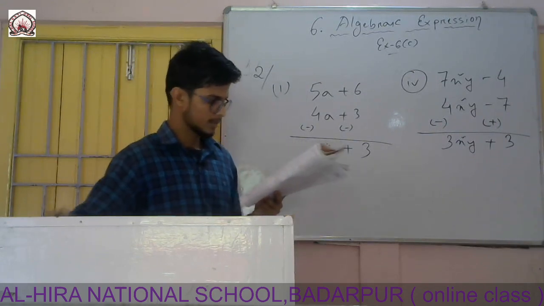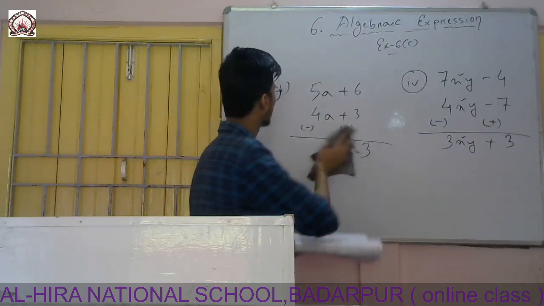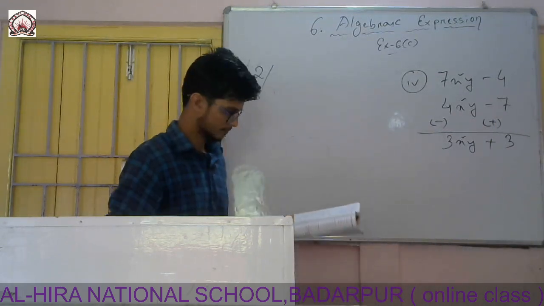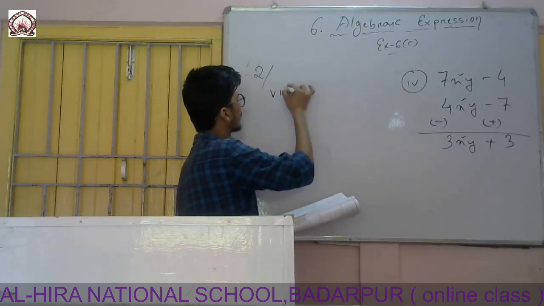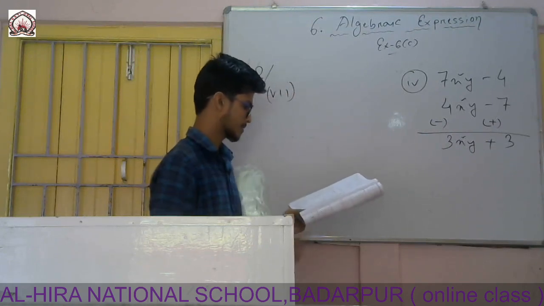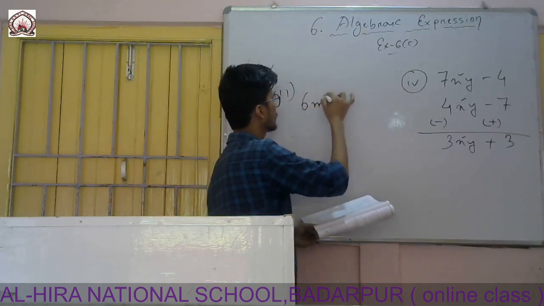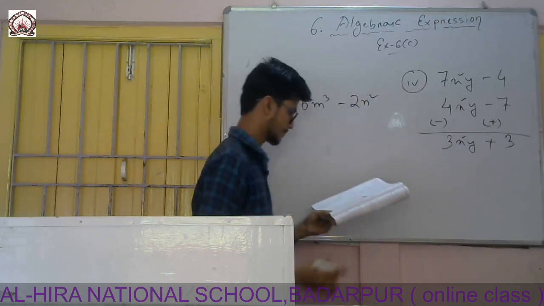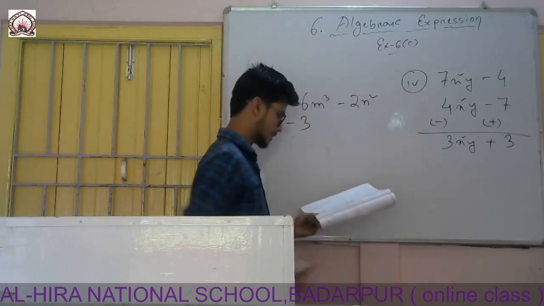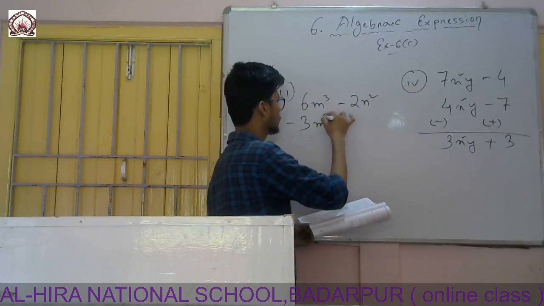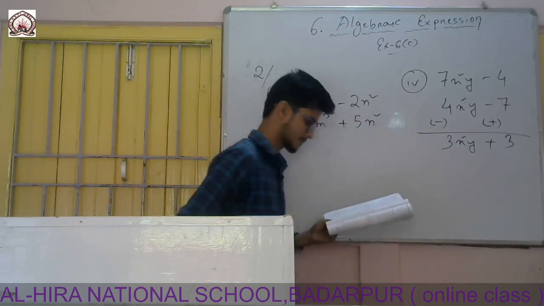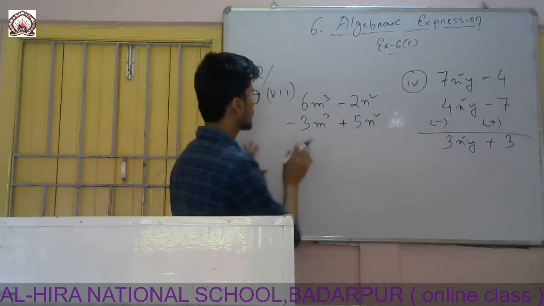So see Roman number 7. 6m cube minus 2n square, and the lower term is minus 3m cube plus 5n square. Okay. So first of all I will change the sign.